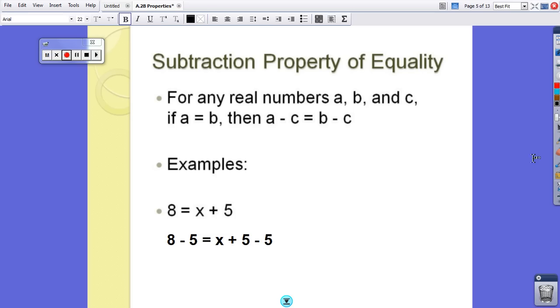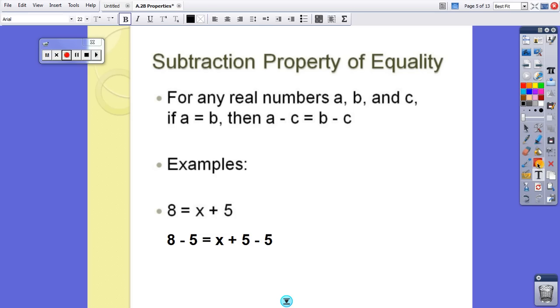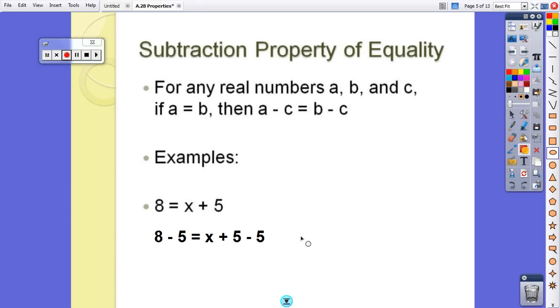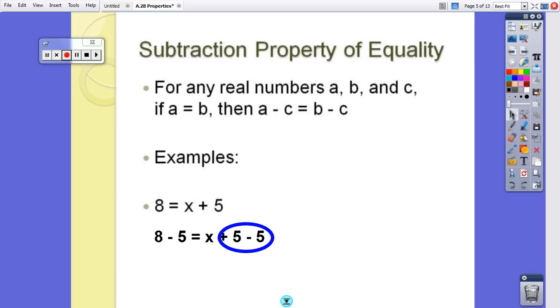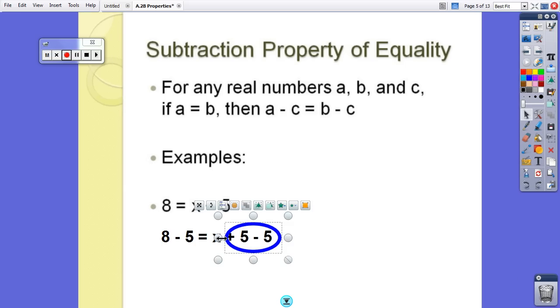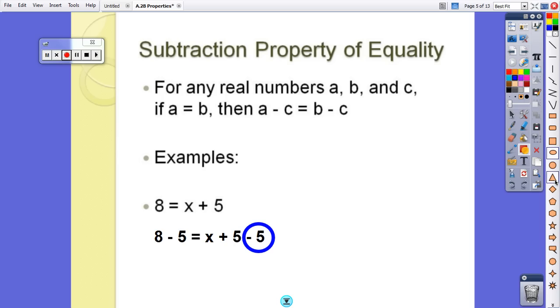We have the subtracting 5 on that side, and also the subtracting 5 on this side. So remember, we're keeping the equation balanced, we're keeping it equal.